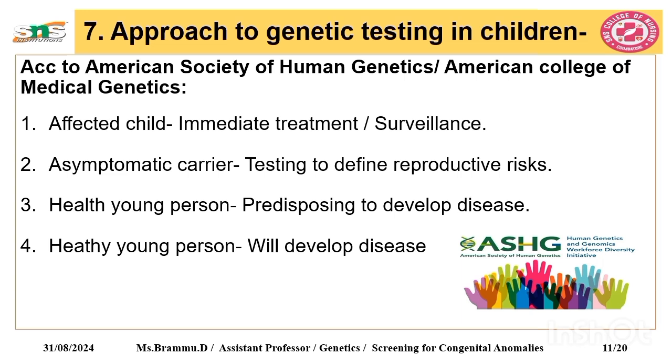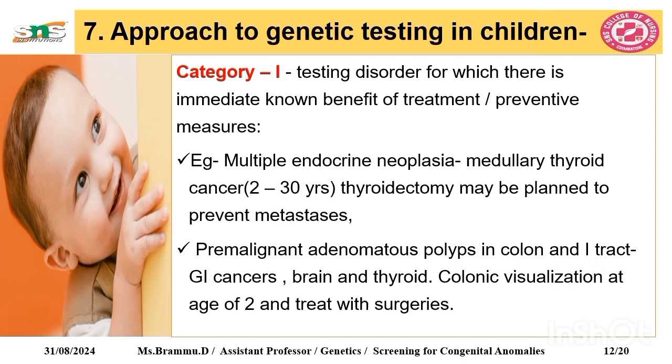One is immediate treatment and surveillance of the affected child. The second is testing to define reproductive risks, such as asymptomatic carriers, the mother and the father, can be screened. The third is predisposition, that is, any healthy person may develop a disease in the later stage. The fourth approach is that a healthy young person will be screened earlier.